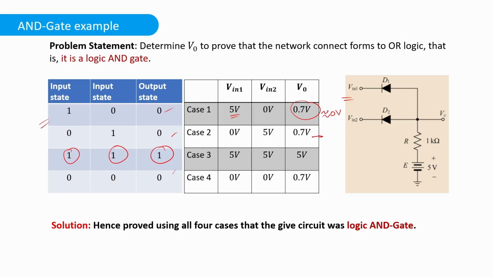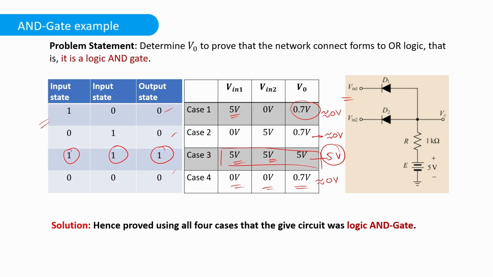This is also 0.7 volts, which was for the second case, and we approximated it to 0 volts. The only working condition we got was that when input was applied at both terminals, we got an output voltage of 5 volts. This was the only operational circuit condition. And in the last case, no input was applied, and we saw once again it was 0.7 volts, which we approximate as 0 volts.